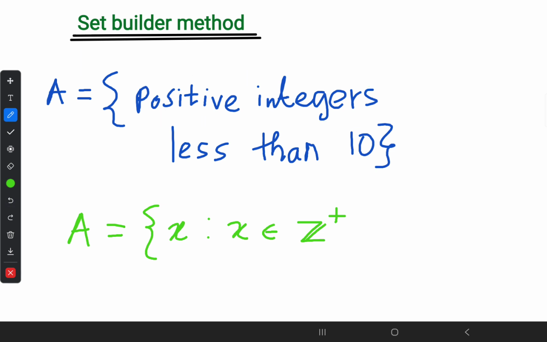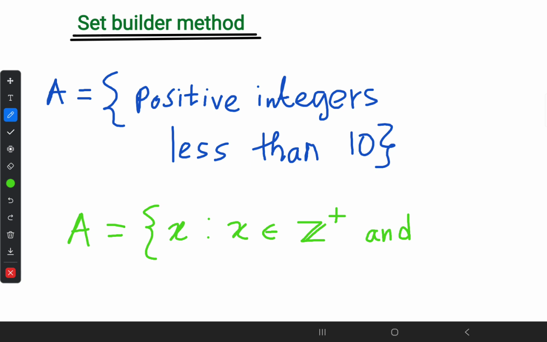Not only that one, there is another thing also. Look at this, less than 10. You have to denote that one as well. For that you should use and. This is one condition. Another condition would be x is less than 10.